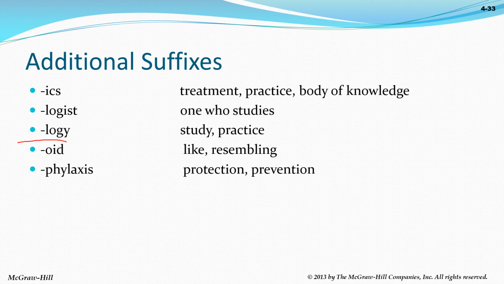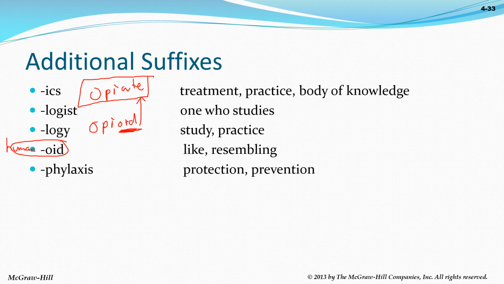Oid. Look alike. So if a being came down from space and it was a humanoid, what did it look like? It looked like a man, right? So humanoid. If you made an opioid, you guys ever heard of opioids? So naturally occurring opiates, that's morphine. But anything synthetic resembles the natural stuff. So we call them opioids.